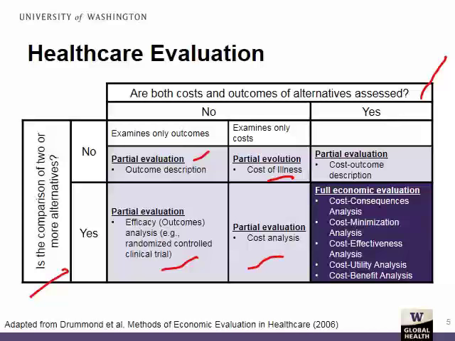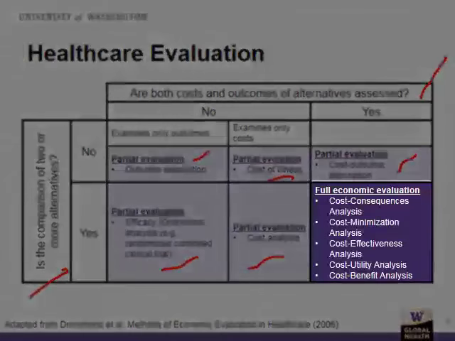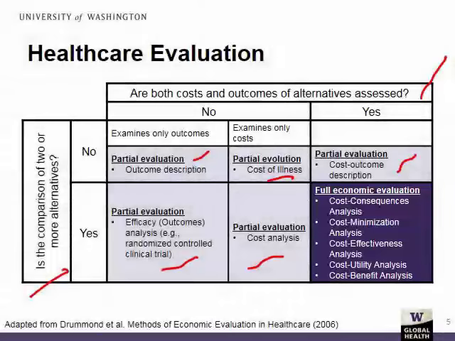Now, if you compare both costs and outcomes, but you are not comparing 2 or more alternatives, then you have a cost outcome description, which is right here. However, this week we're going to focus on what we call the full economic evaluations, which mean that you are comparing both costs and outcomes of alternatives, and the comparison involves 2 or more alternatives. And these are the 5 methods which are in this bottom right hand corner.